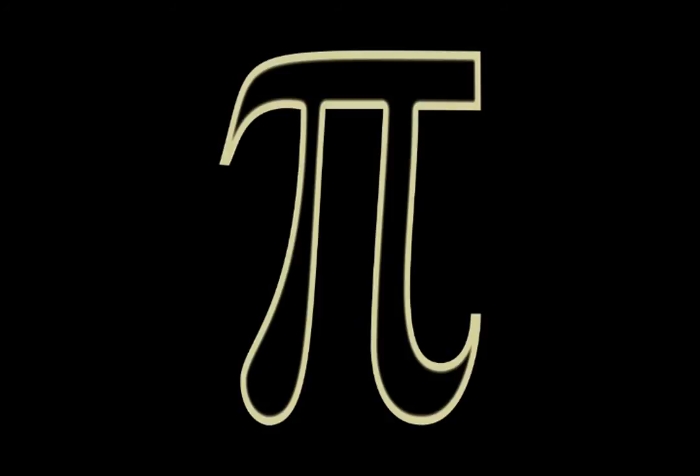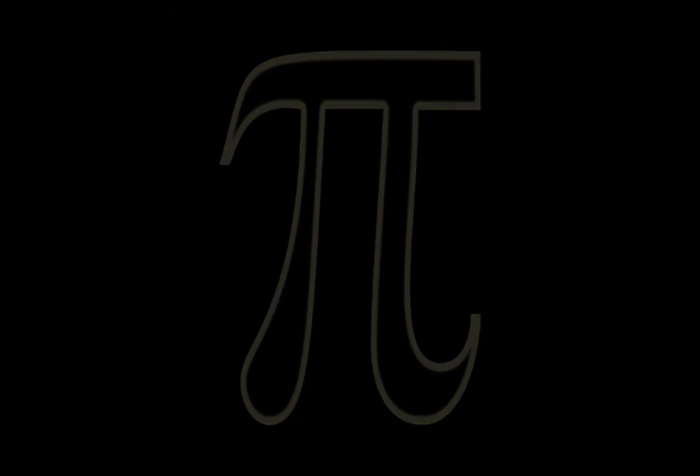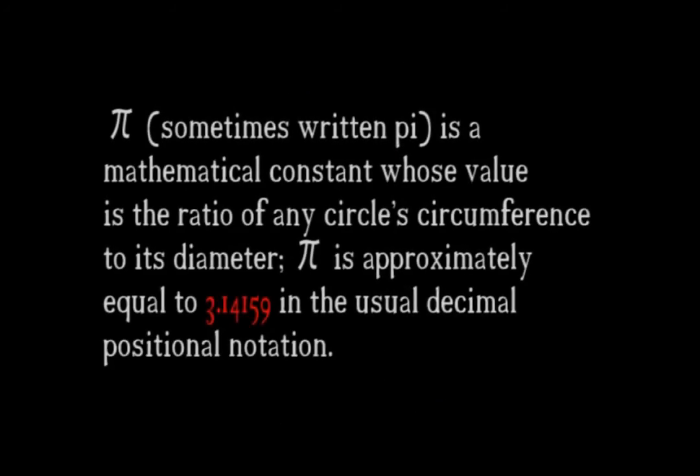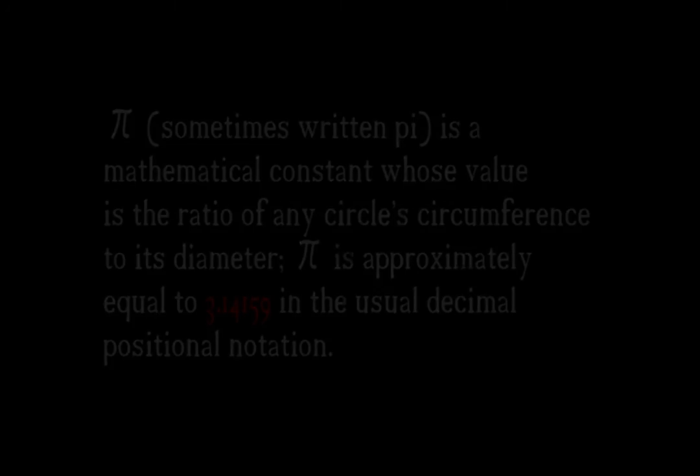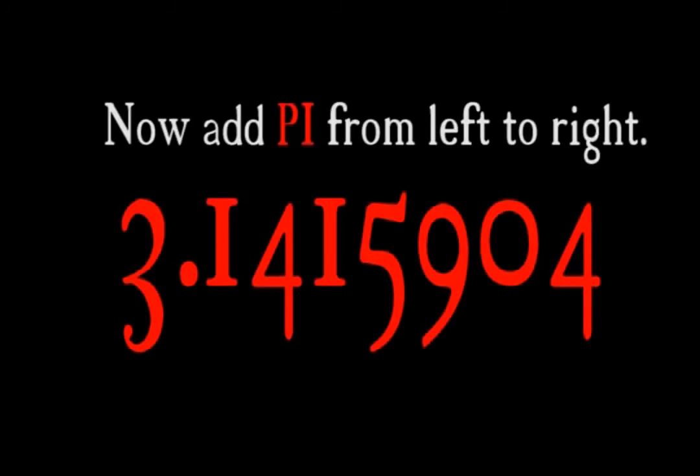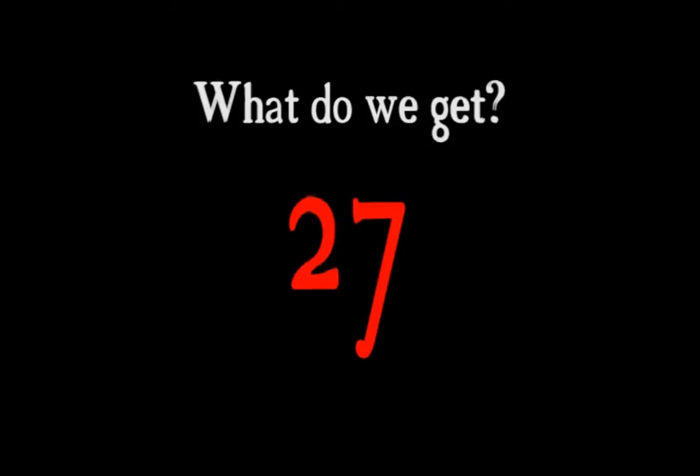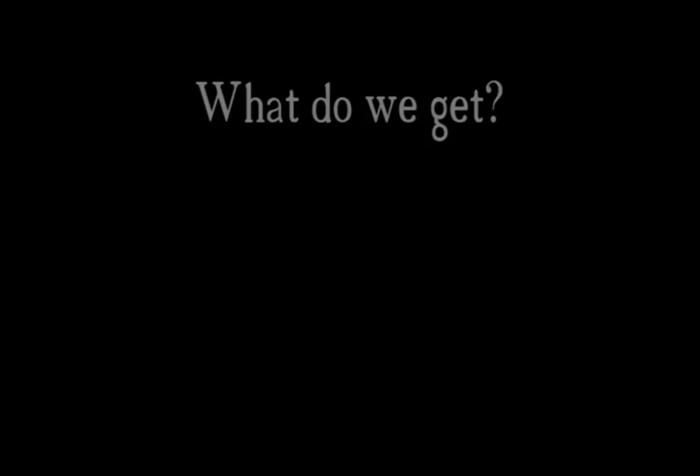But what is hidden within pi? Let's take this number and add it up from left to right. 31,415,904. We get 27. Now let's add one more time. 2 plus 7 equals 9.